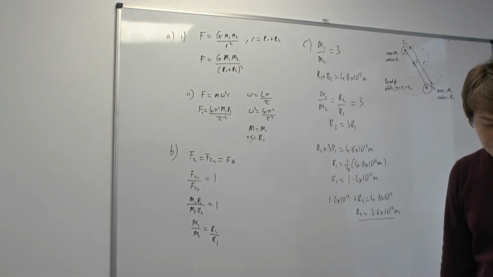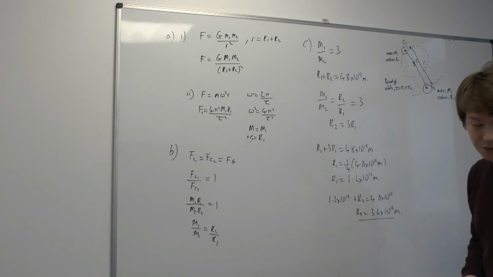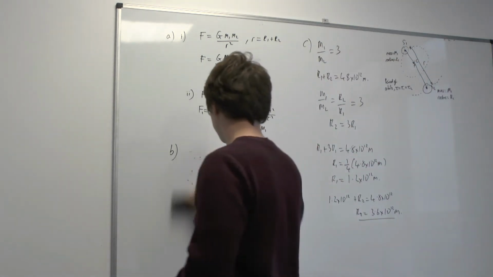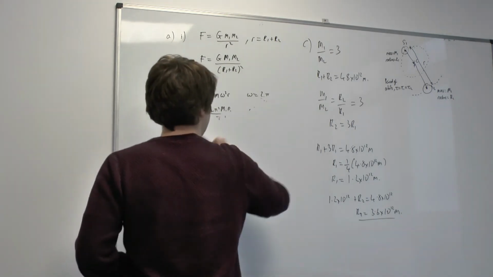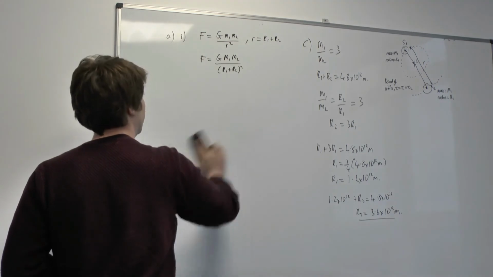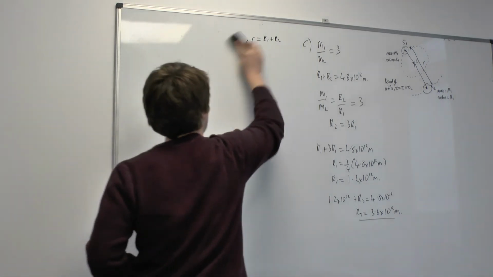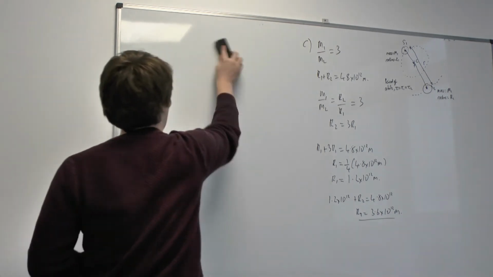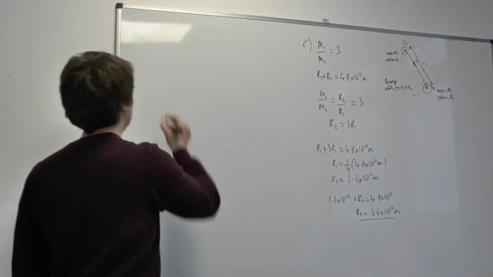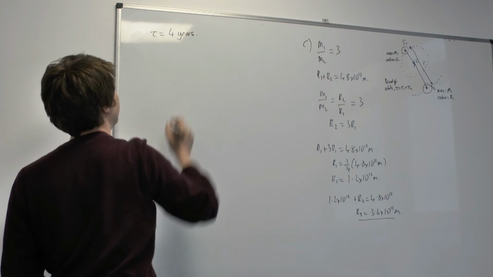Now the last question then gives us the orbital period of the stars, and it asks us to calculate the orbital speed of S1. We know, as we said earlier, that S1 moves in a circular orbit, so we're thinking circular motion equations again. We're given tau, the orbital period, which is equal to 4 years.